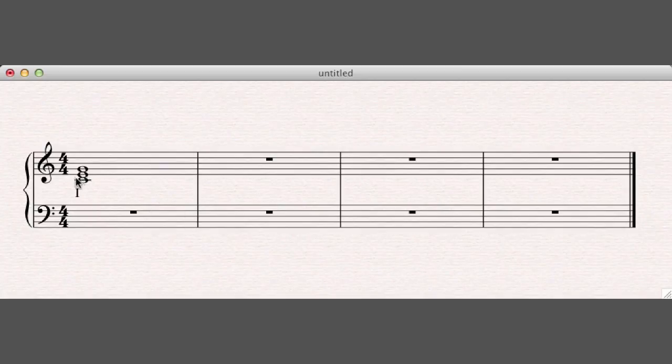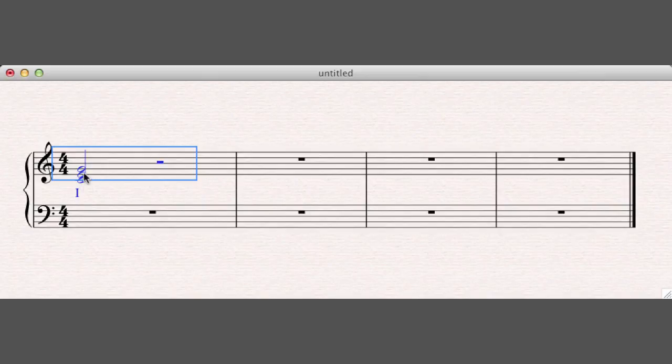But of course in music we don't always have the root in the bass. Sometimes what we have instead is that the third is in the bass, like there. This is still a 1 chord, but this note is the lowest sounding note.